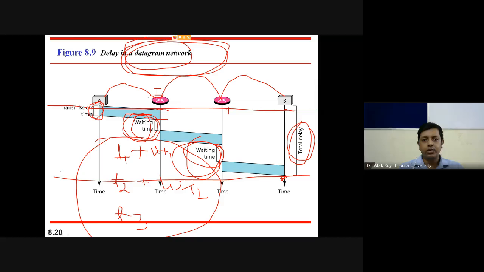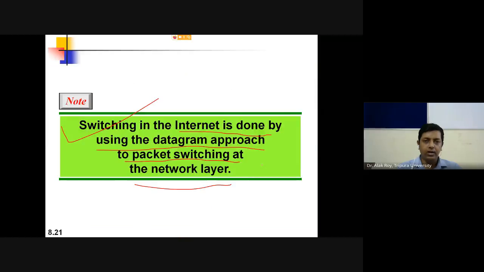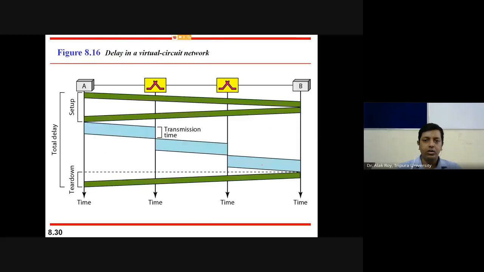Now here they are showing only 2 switches. If there can be 5, then 5 times waiting time will be there, and 5 times transmission time will be there. But now for establishment, they are using the same time. That is for setup. For data transmission, that is T1 plus T2 plus T3.